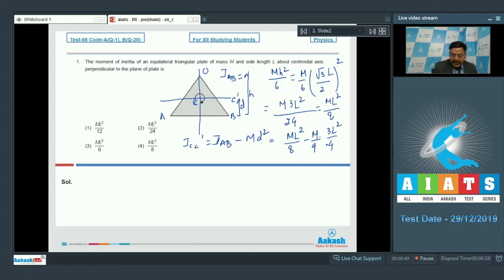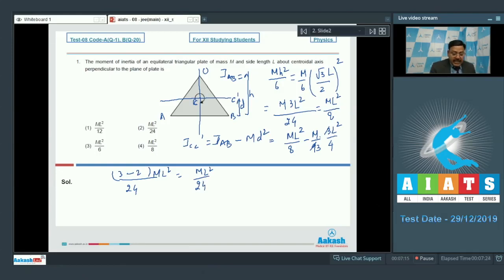On simplification, we take 24 as the LCM, and so this is 3 minus 2, mL square by 24.